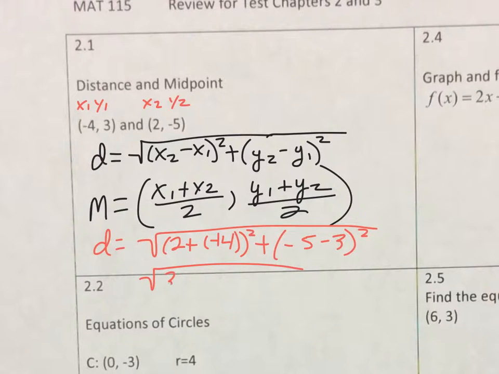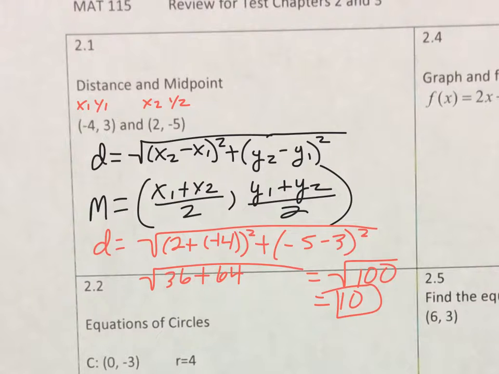And 6 squared is 36. Negative 5 minus 3 is negative 8. Negative 8 squared is 64. So really I have the square root of 100, which is 10.